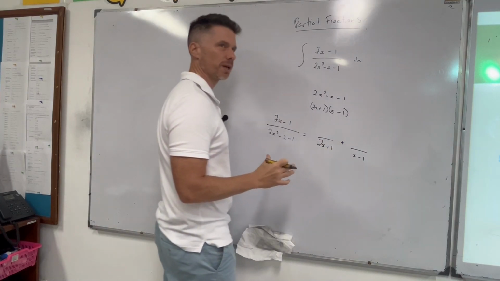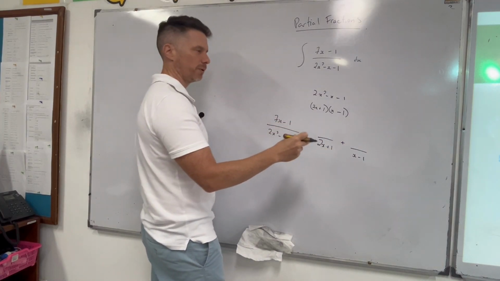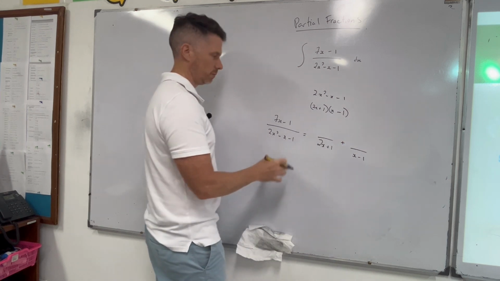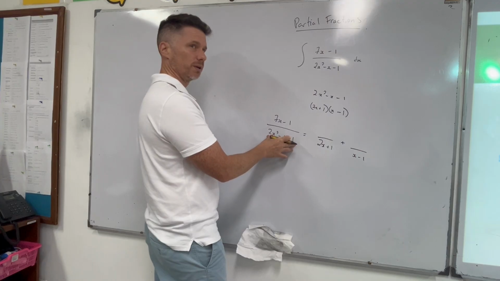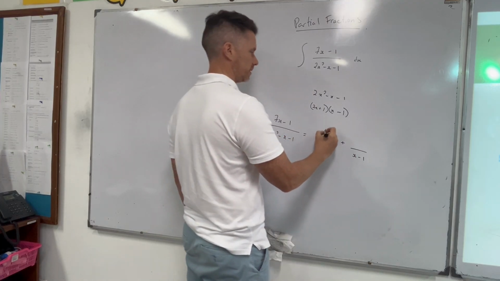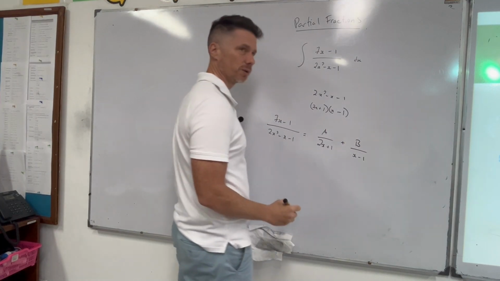No, I want to separate it, so that if we were to multiply it back together, we would get this, not add it back together, we get this by using a common denominator. So I could say that this is A and this is B, some number.